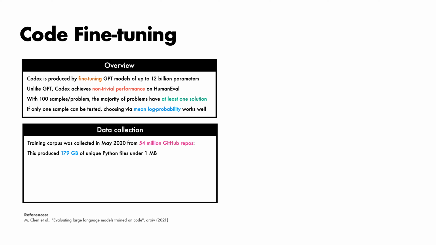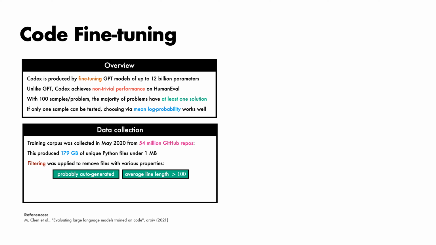A series of filtering steps were then applied to remove files that were either probably auto-generated, had an average line length of over 100 characters, had a maximum line length of over 1,000 characters, or contained only a small percentage of alphanumeric characters. The result of this filtering process was a training corpus of 159 gigabytes of unique Python files.